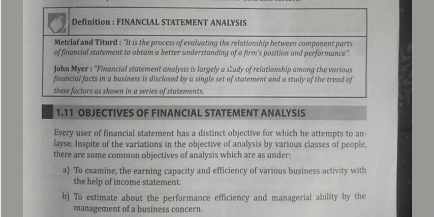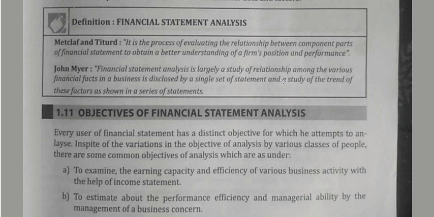So basically we analyze or study the relationship among the various financial facts in a business. For example, when we are looking into our current ratio, the current ratio analysis also is a kind of financial statement analysis. The current ratio formula is current assets divided by current liabilities. This ratio basically tells the company's ability to meet its short-term liabilities.